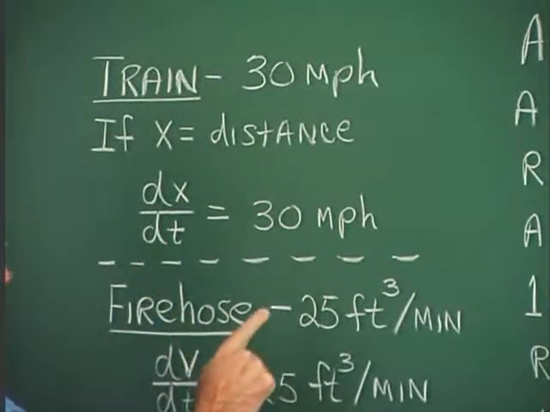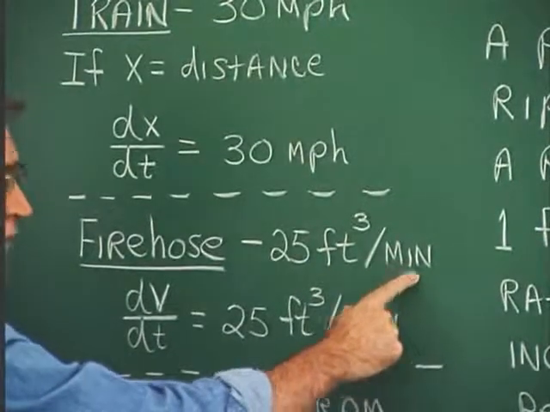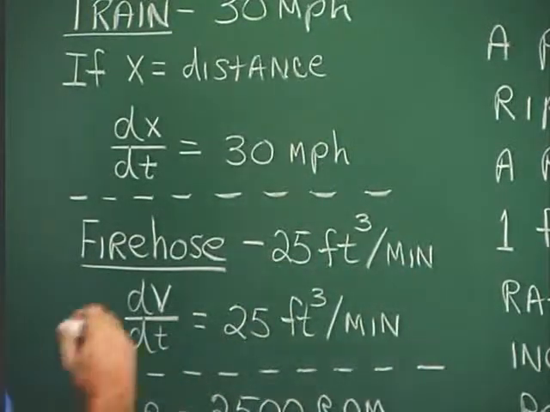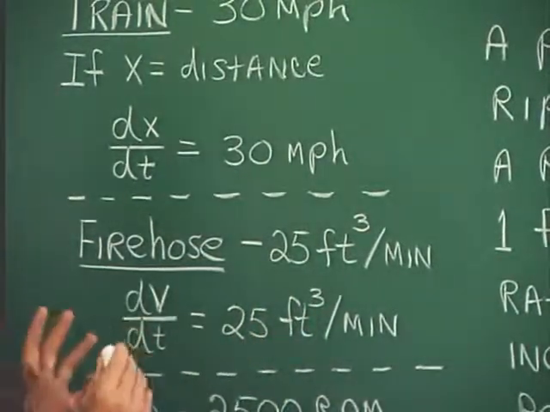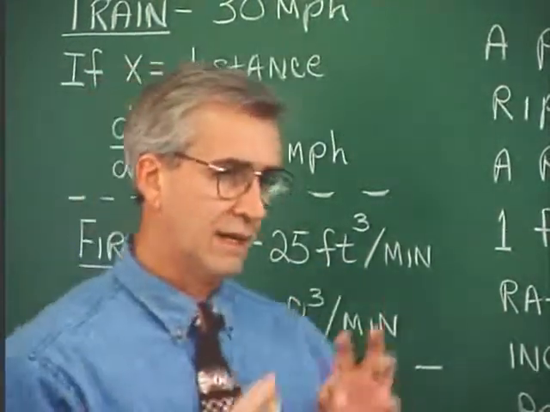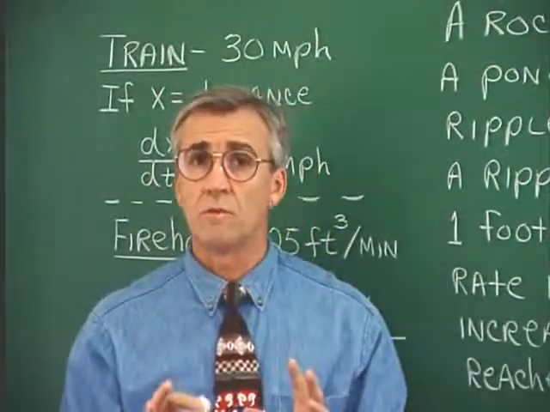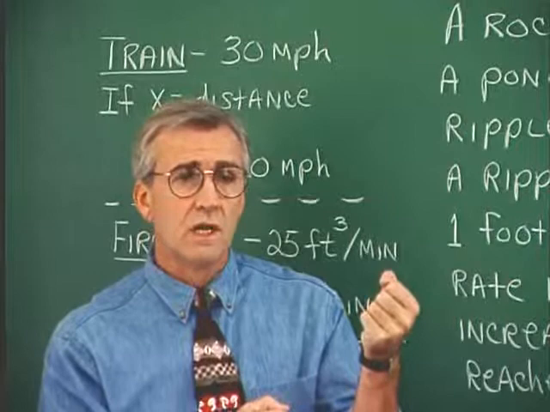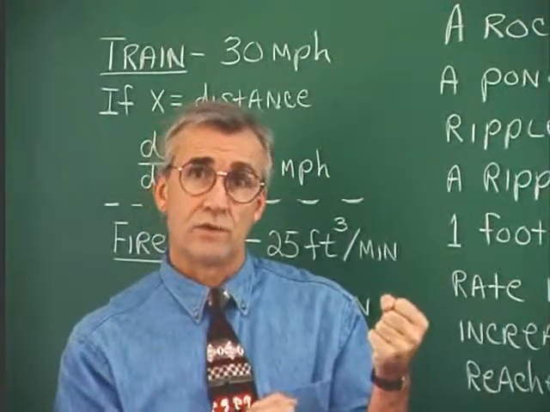If a fire hose is kicking out 25 cubic feet of water per minute, that sounds like a rate. If we're talking about the volume of water, firemen might want to know about the volume of water they're putting onto a roof, and how much it weighs, so they'll know when the roof is going to collapse.